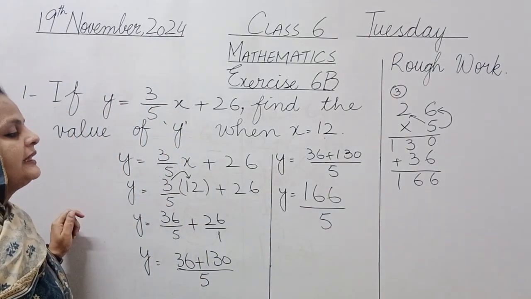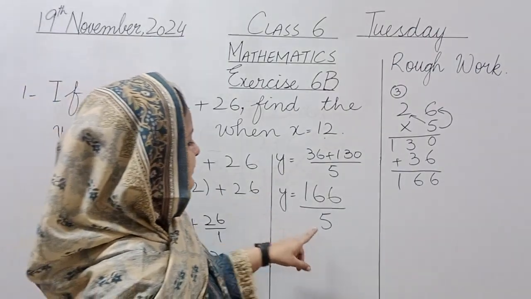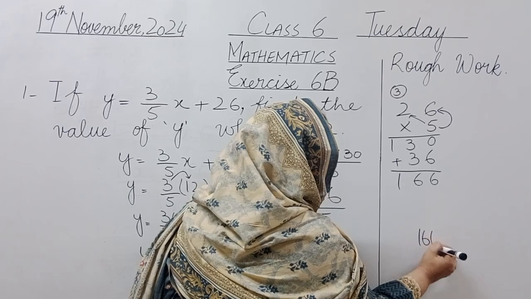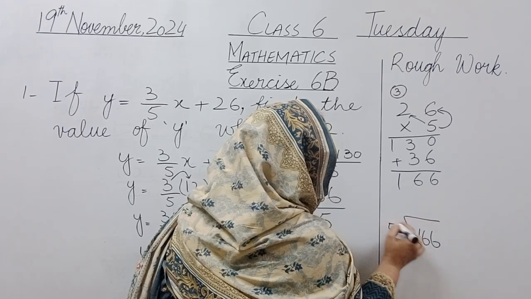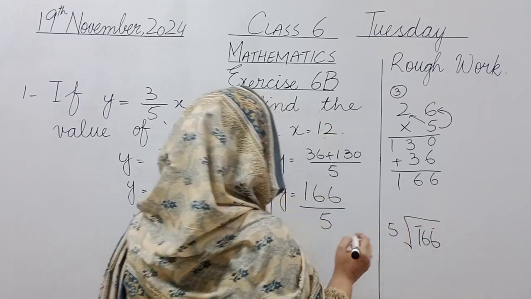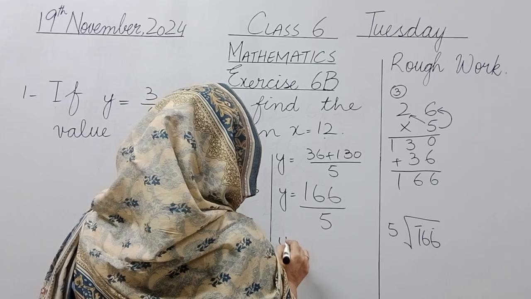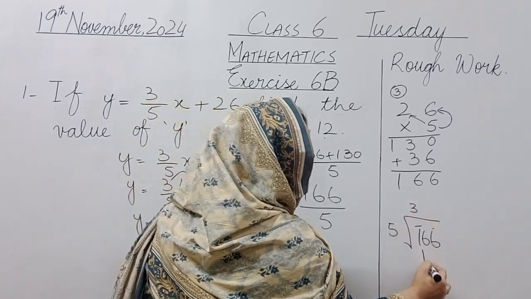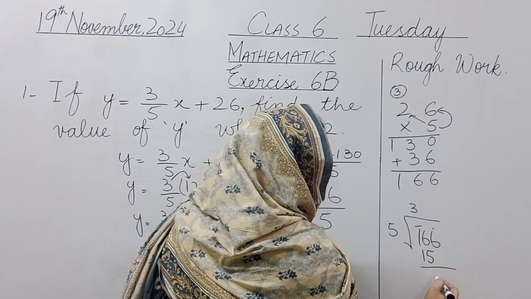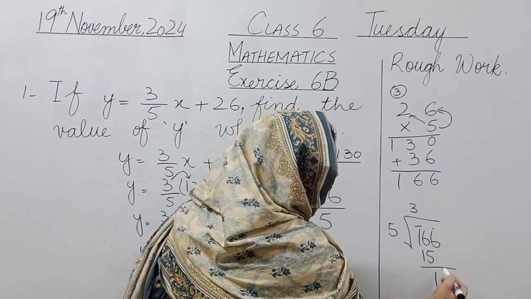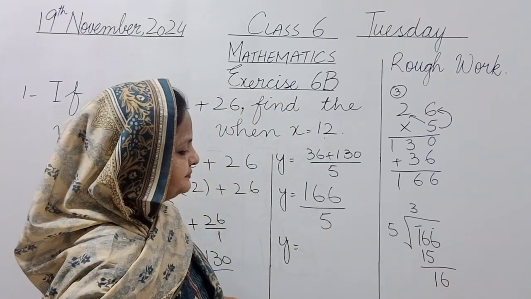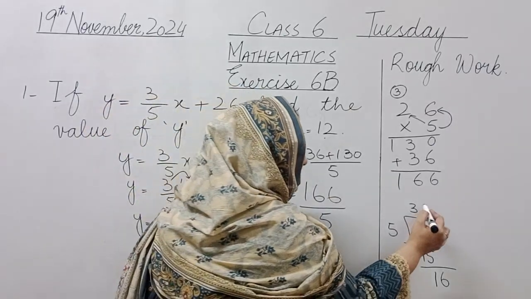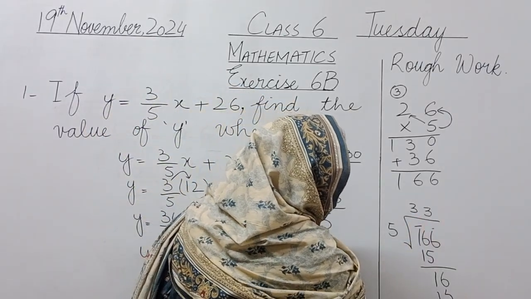Now we are going to divide 166 by 5. What number will come closer to 16? It is 5. 3s are 15. Again 16 minus 15, 1 and 6. Again 5 3s are 15.